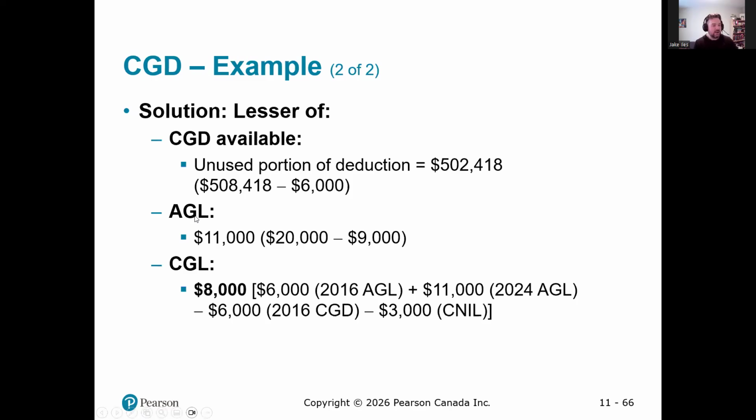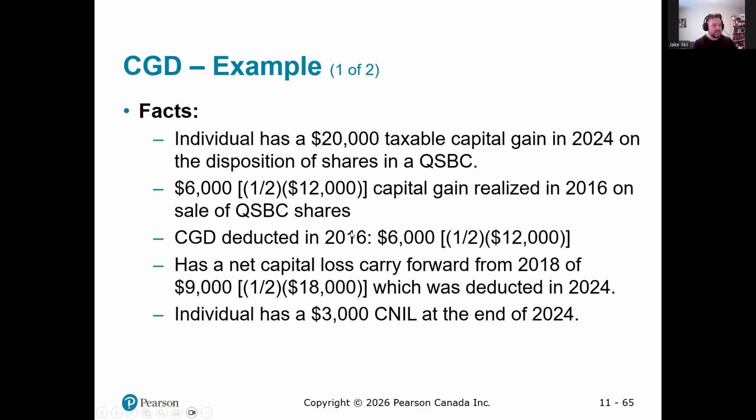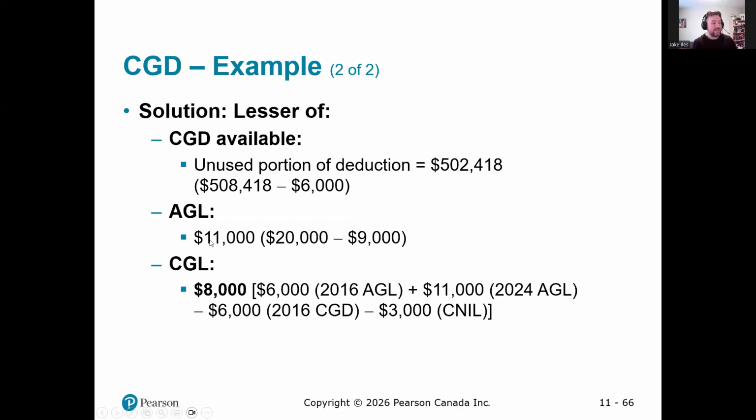Our AGL, our annual gain limit, is the $20,000. We had a $20,000 taxable capital gain from our small business shares, but we had a net capital loss, so we have to use that capital loss first. $20,000 minus $9,000 means only $11,000 is still left to protect.